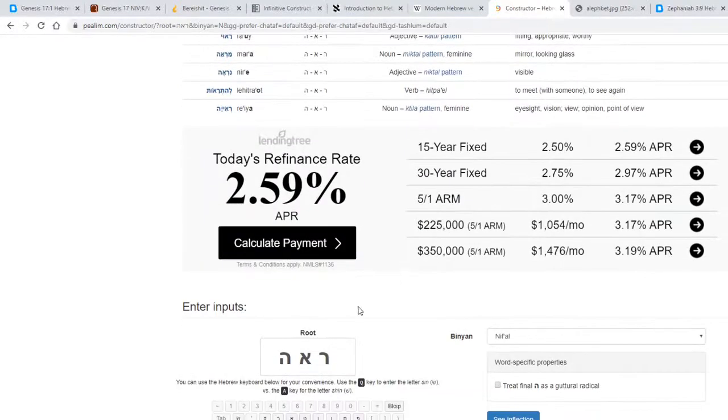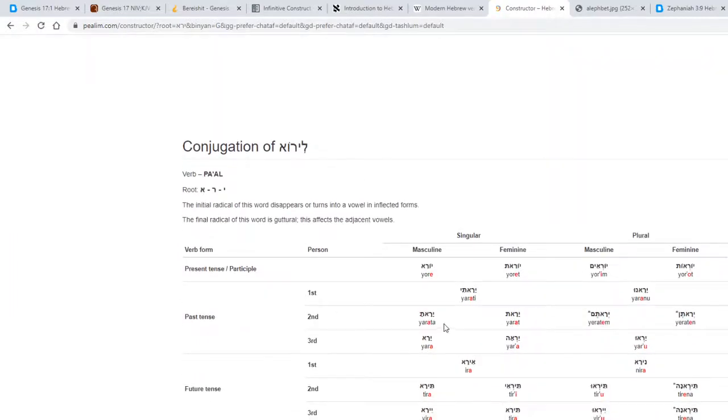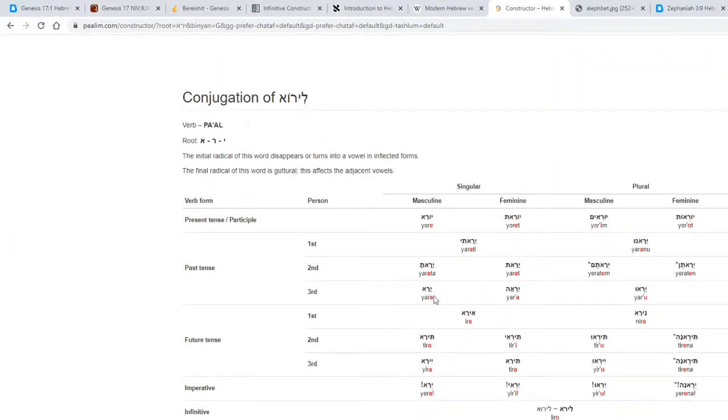Now, let's say that you actually thought, no, I'm going to say that this is yud resh aleph, right? And it's in the pal, the normal form. So you'll see yera, right? It's the past tense, or yera is in the future tense, right? You see what I'm talking about? Yara in the past tense, or yera.